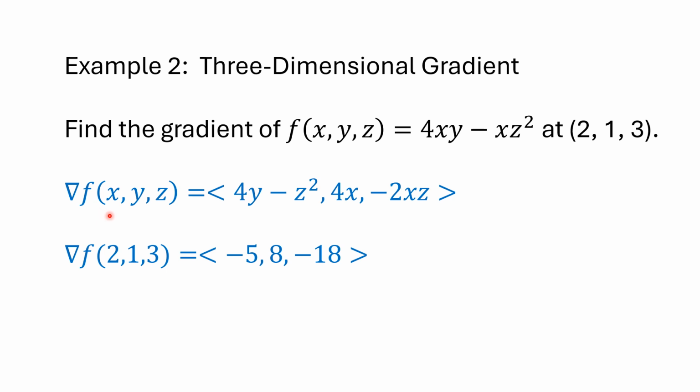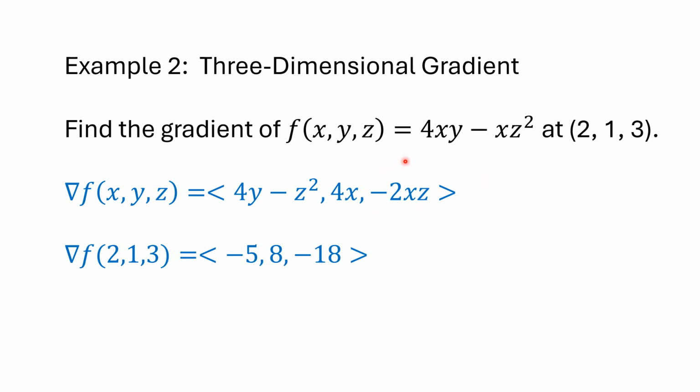So the first thing we're going to have is the partial with respect to x of 4xy is 4y, minus the partial with respect to x of xz squared is z squared. So it's 4y minus z squared.